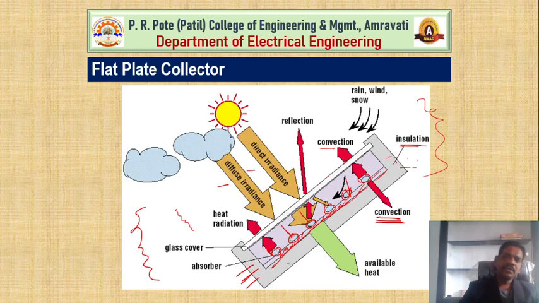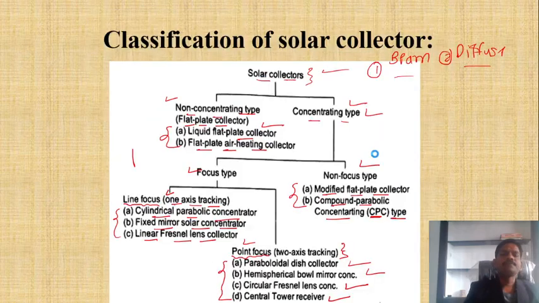Then the glass is the first position, then the absorber, then the absorbing tube, and then the insulation. So these are the main components of a flat plate collector, guys.